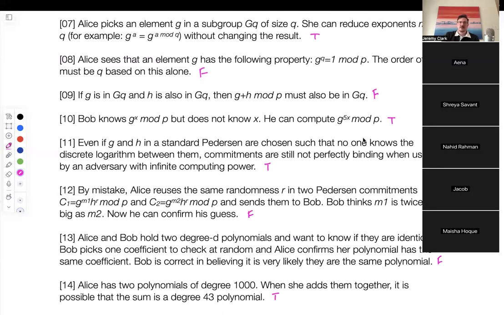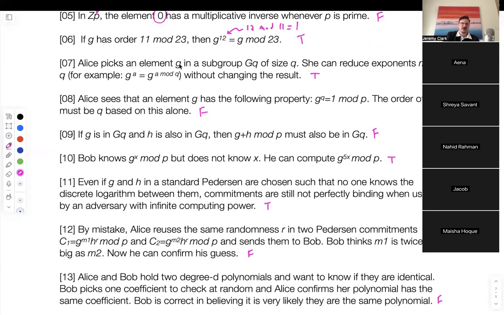Okay, let's go to the next one. Alice picks an element G in subgroup GQ. It has size Q. She can reduce exponents mod Q. For example, G to the A equals G to the A mod Q without changing the result. So we actually just used this fact here, right? And that's exactly correct.